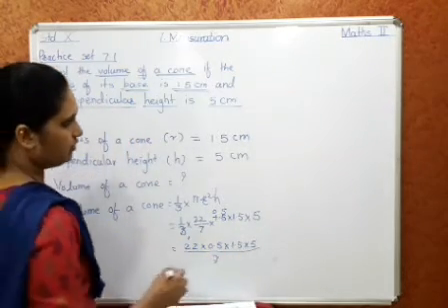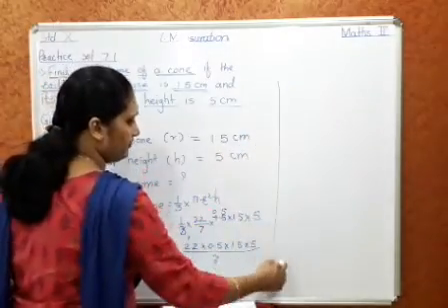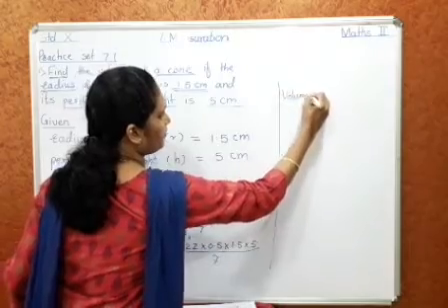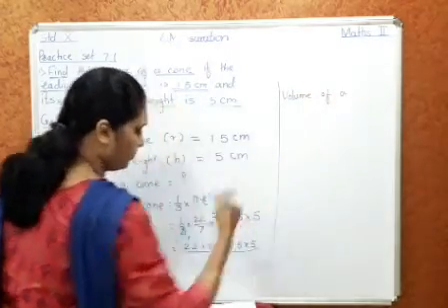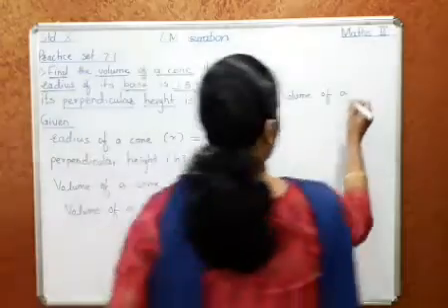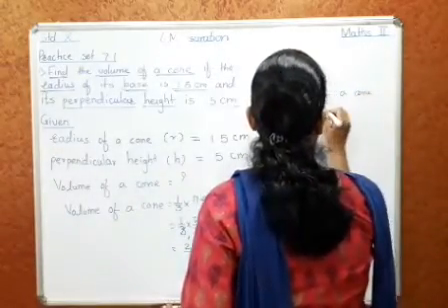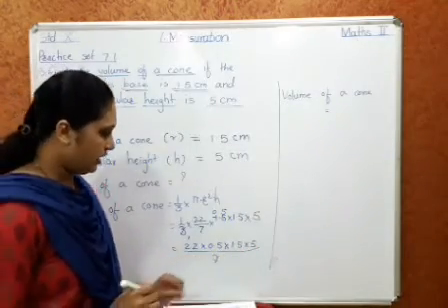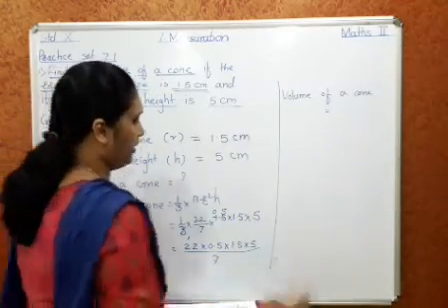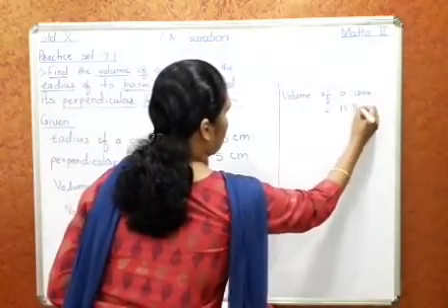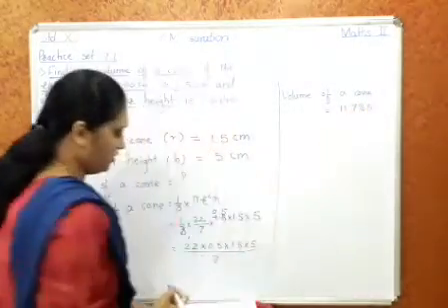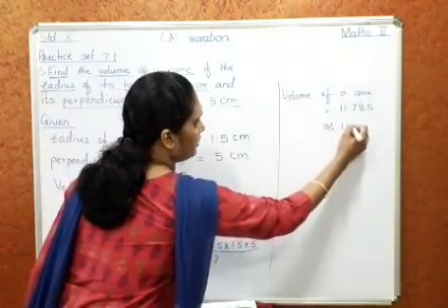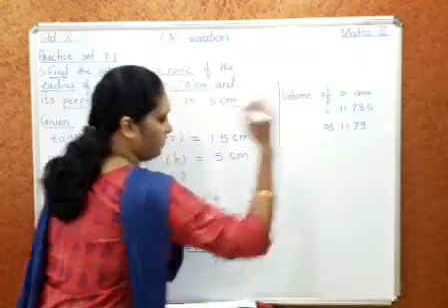If you do the calculation of this, you will find that the volume of a cone is, if I do the multiplication and divide by 7, the answer will be 11.785, which is approximately equal to 11.79.